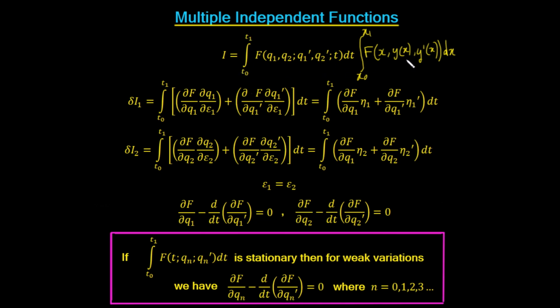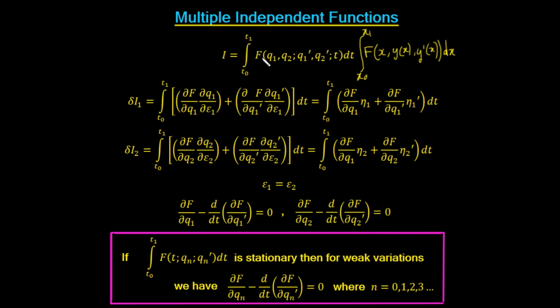Now the other thing to note here is that the functions y1 of x, y2 of x, y3 of x, we've replaced these with q1 and q2, so we could have q1 of x, q2 of x, q3 of x. So these are our multiple independent functions, and we're going to have our q1 derivative of x, q2 derivative of x, and so on and so forth.